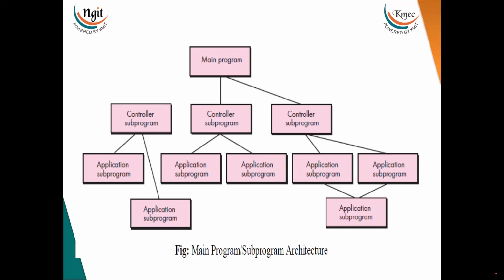So main program, controller subprogram, then application subprogram, and it is also further classified to application subprogram. Clear. So that is the invocation of the main program, which invokes a number of program components, which in turn may invoke still other components.